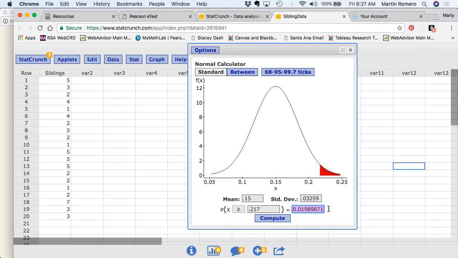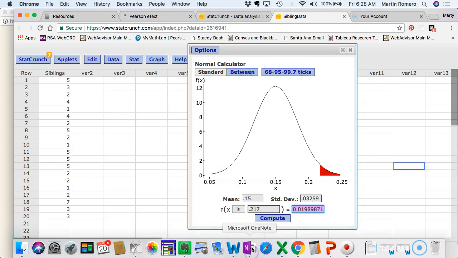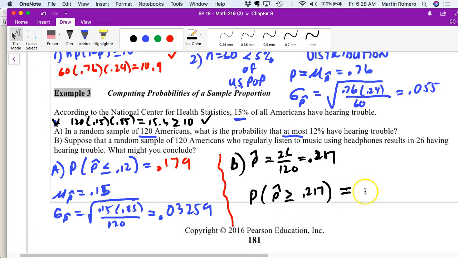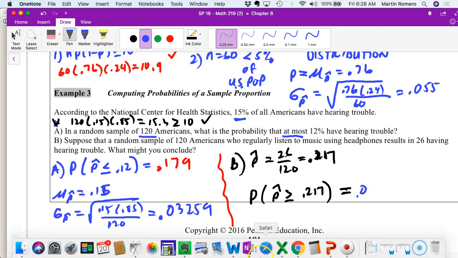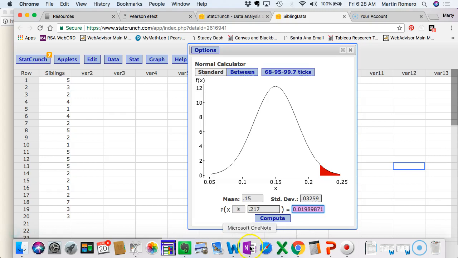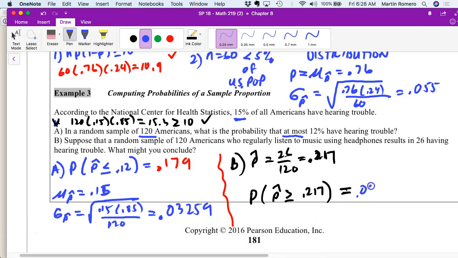Basically 0.0198, 0.02 if we round that number. So the answer is 0.02, or basically a 2% chance that this would happen.